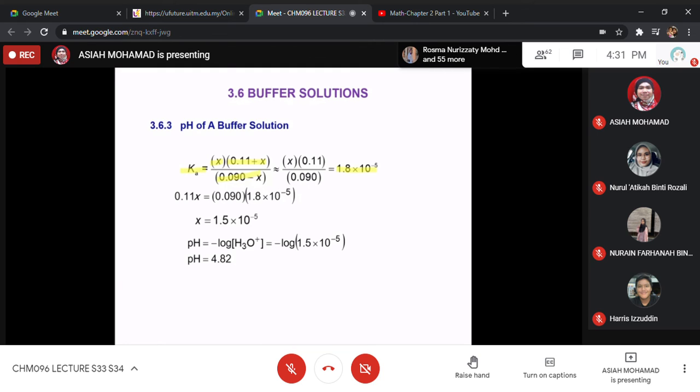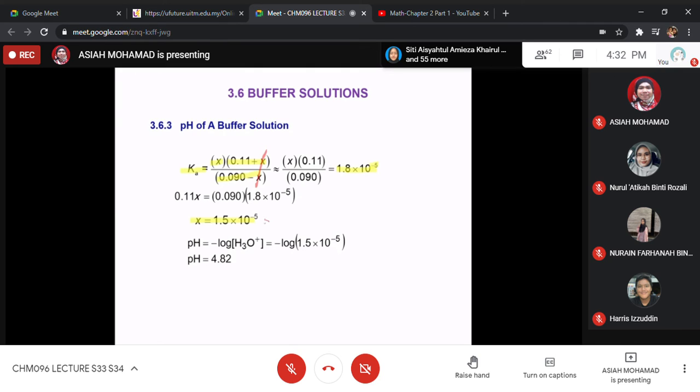Here you are going to solve for x, and since it's pretty nasty, you are going to make an assumption. Since the Ka value is a very small number, we can neglect the x. Solving for x, you get 1.5 times 10 to negative 5.